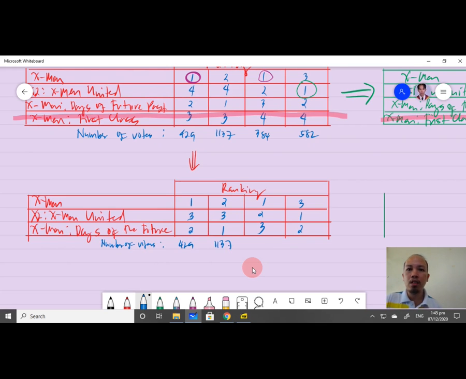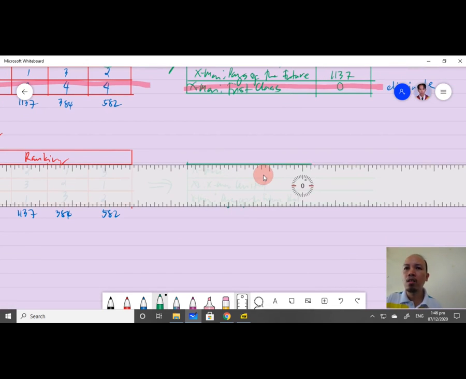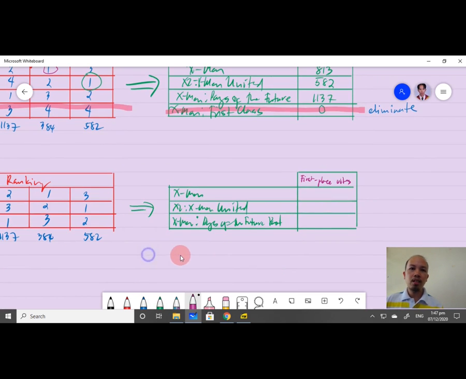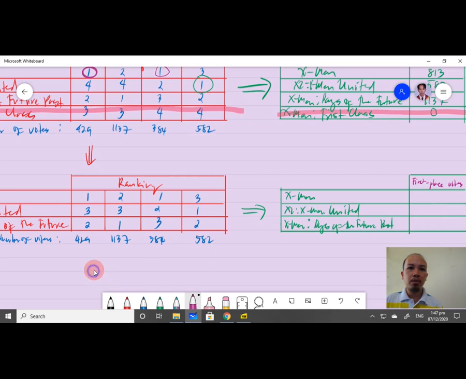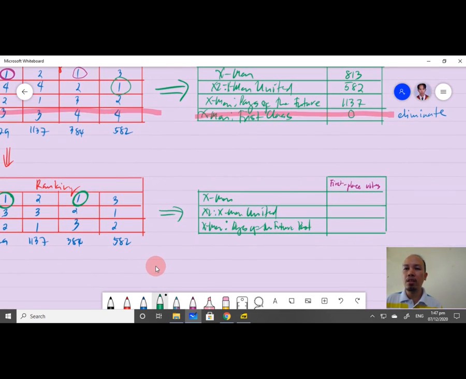So again, let's look at here. For the X-Men we have 429 and 384. I guess they are the same, 813.